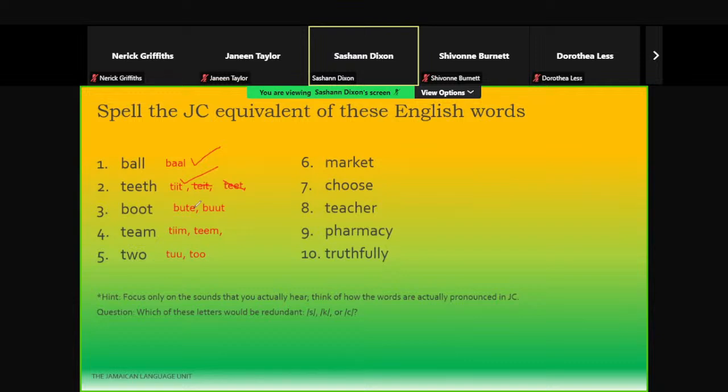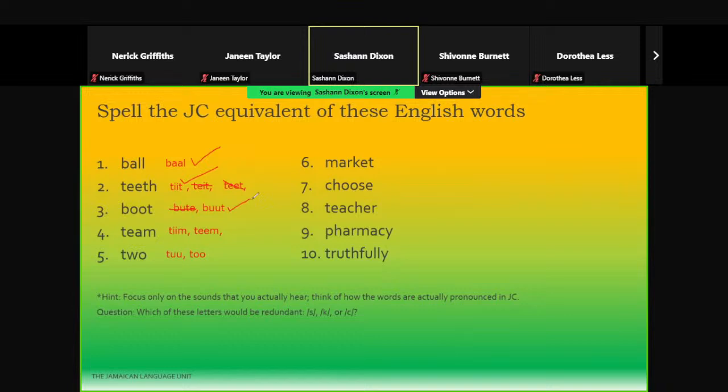No, we're looking for boot. So we're ruling out option 1 and confirming option 2 because the vowel sound that we're trying to represent is the long oo sound. And that sound is always represented by U, the W's, right? So we can take that one.